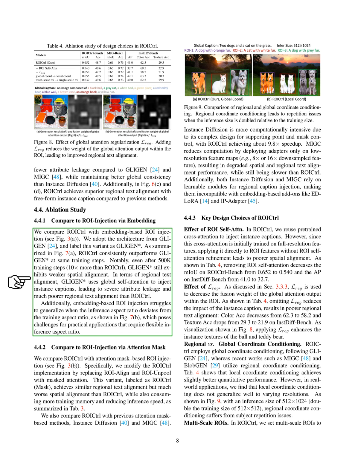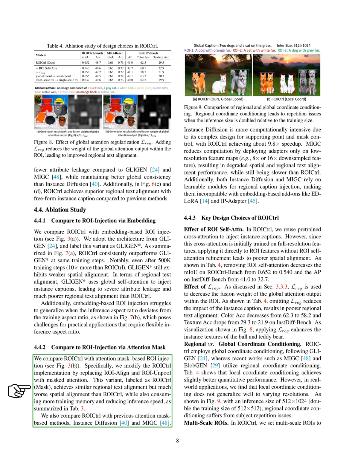We modified ROICtrl by replacing certain components with masked attention, resulting in a variant we call ROICtrl mask. While this variant achieves similar regional text alignment, it suffers from poorer spatial alignment, requires more training memory, and slows down inference. We also compared ROICtrl with previous methods like instance diffusion and MIGC.